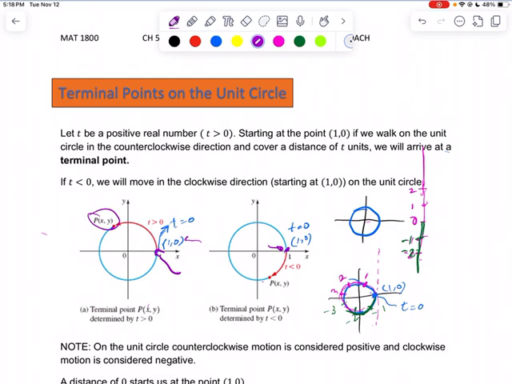So how do we get those values of t? How do we measure those values of t? Well, on a circle, how will you measure the length, or the distance, on a circle? Let's say you have a ring, like a bangle.